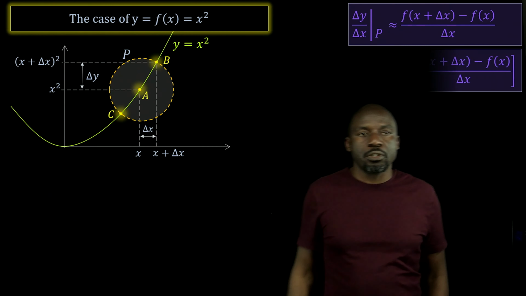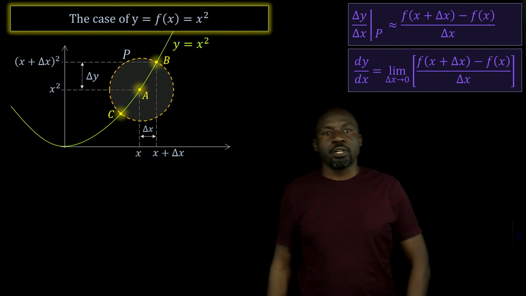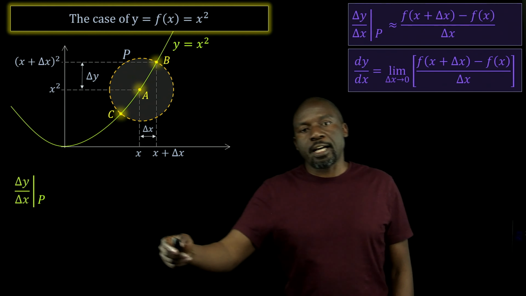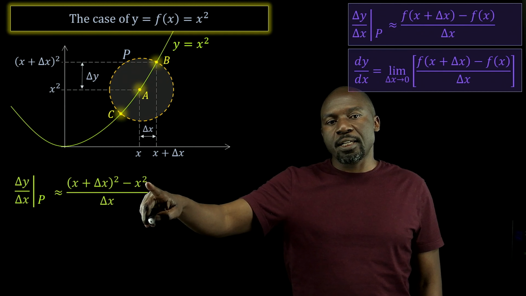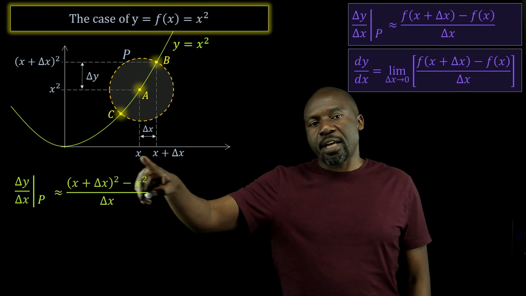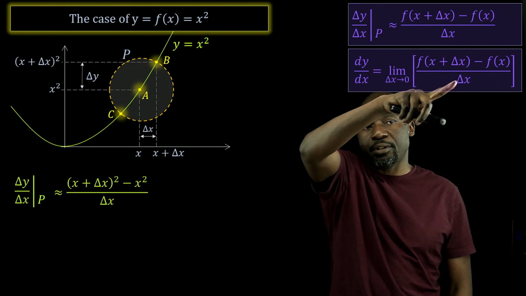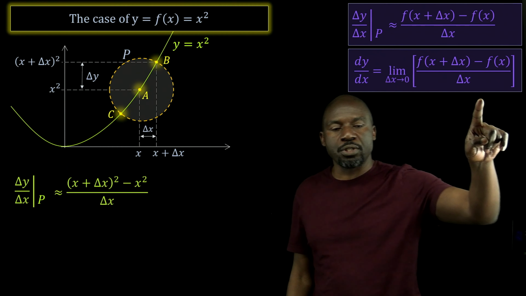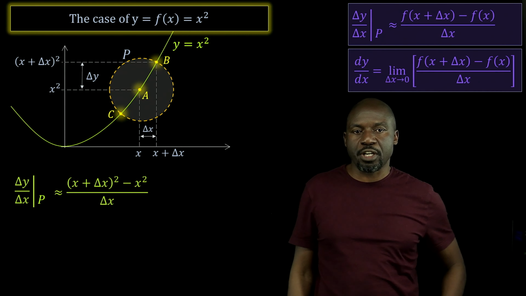So if we substitute into the formula, we're going to find the derivative using that formula. I've replaced y2 and y1, and x2 minus x1 leaves us only with delta x. So this is the formula we'll be using to determine the derivative from first principle for any function at all.